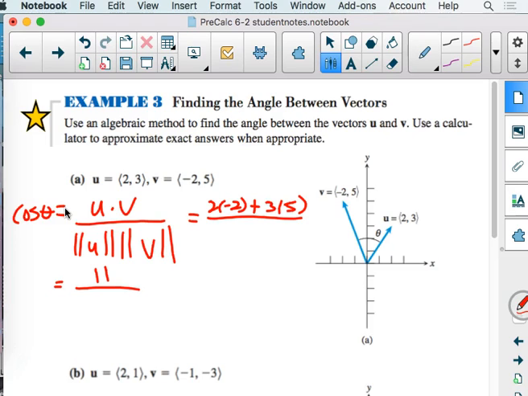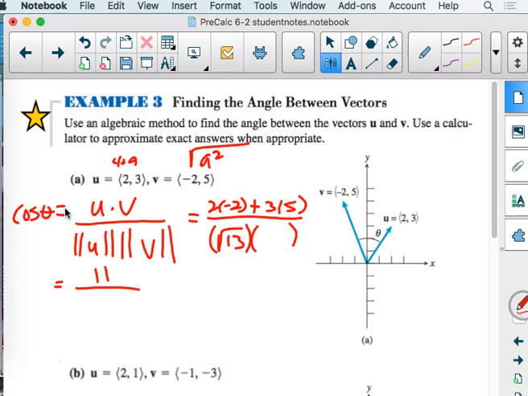All you have to do is the square root of a squared plus b squared. We just learned you could also do dot product and take the square root and that kind of stuff too. But we've already learned the other part, so why not make use of it? This would be 4 and 9. So a squared plus b squared would be 13. Square root of 13.